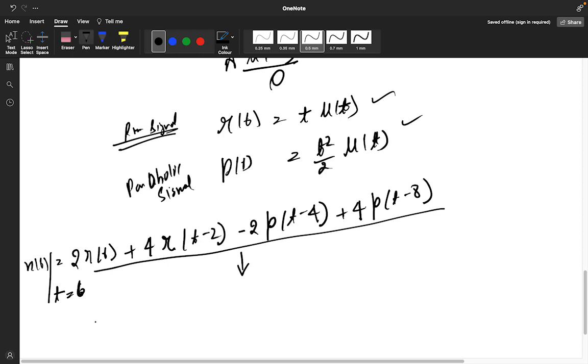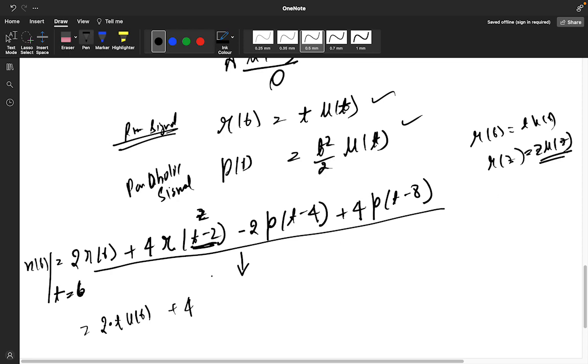If you convert this function in this form, r of t means t u of t. So 2 is the coefficient, so this 2 will be there, and I write 2 t u of t. Now for 4, assume z. Like r of t was t u of t, so r of z means z u of z.